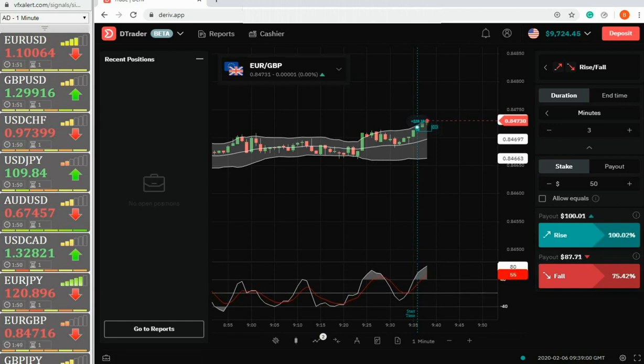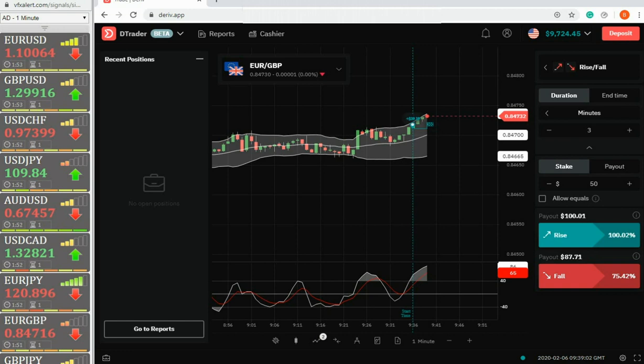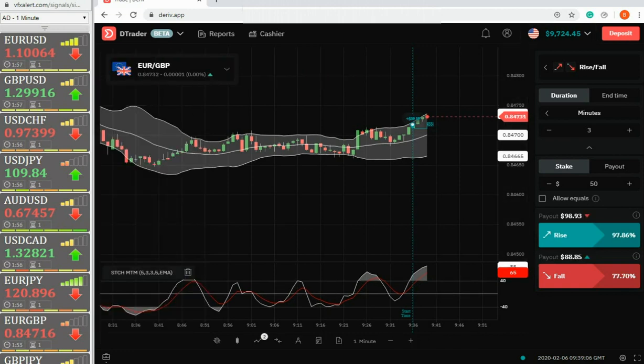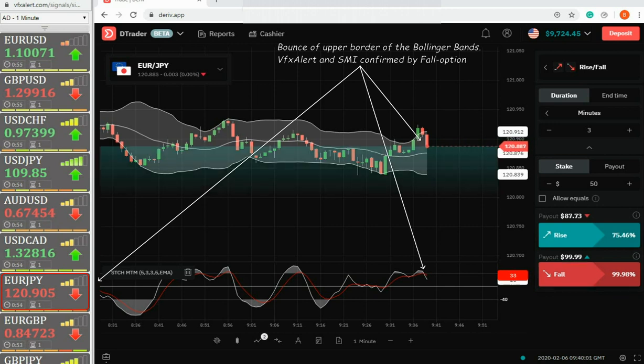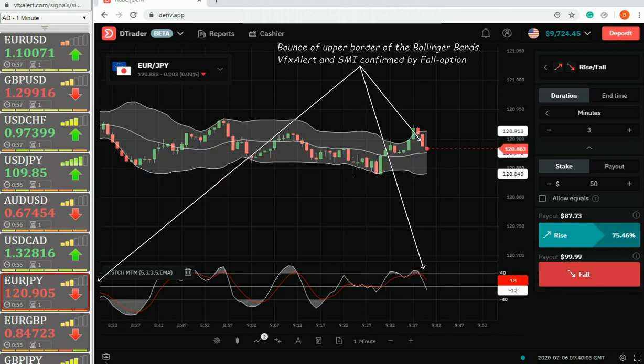We are waiting for the next signal for the last option. Closing the trading session. Euro-Yen rebound from the upper border of the Bollinger and confirmation of the fall option.